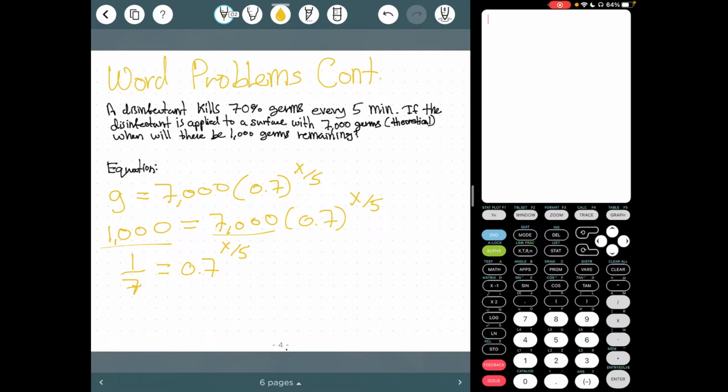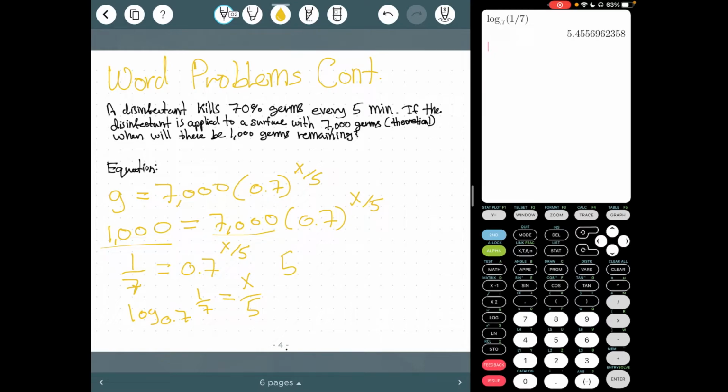Now we can convert this into log form. So log base 0.7 of 1 over 7 equals x over 5. So now we can put this into our calculator. Log base 0.7 of 1 over 7, which is about 5.5.